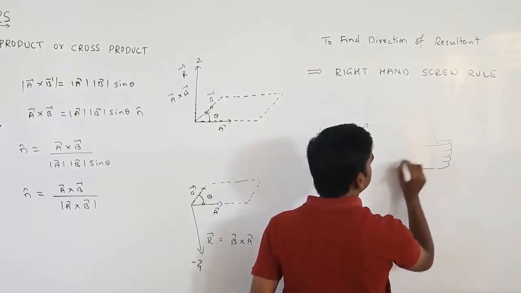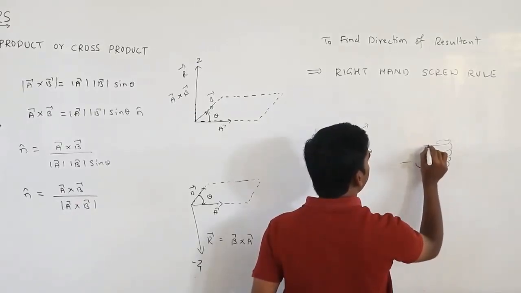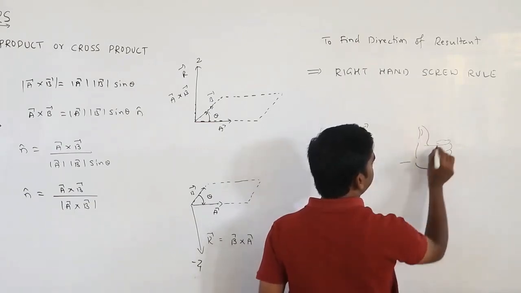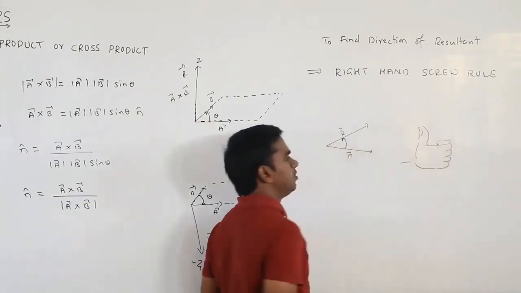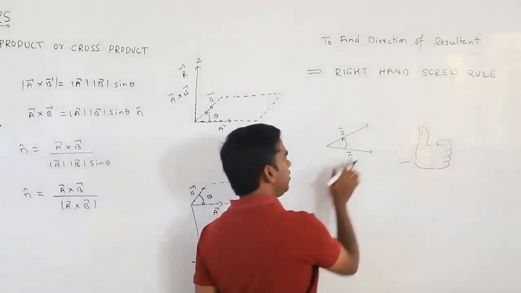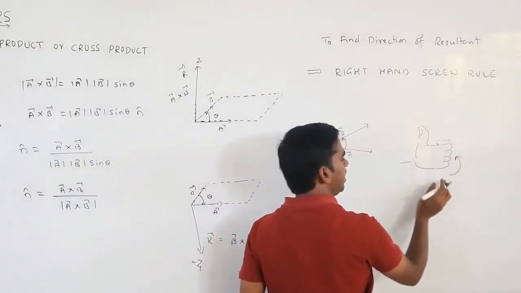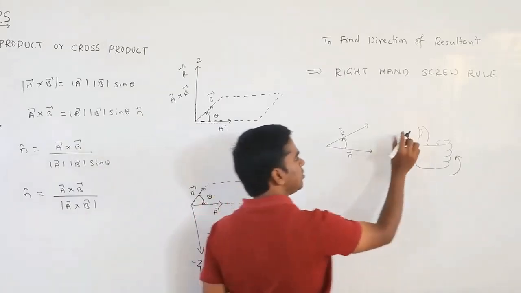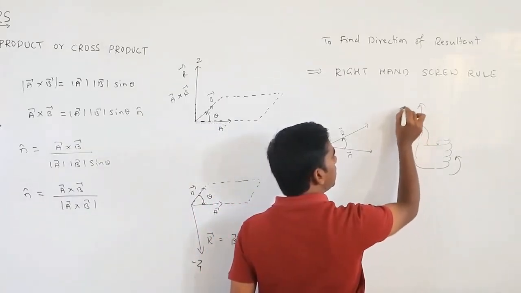So this is your thumb. Your fingers rotated over here. So A to B, your fingers are showing the direction of the cross product A to B, and this is showing you the resultant.